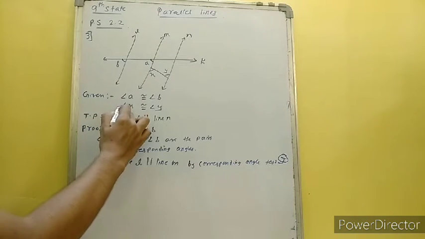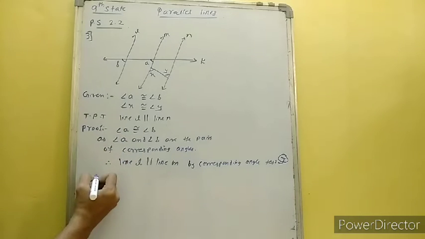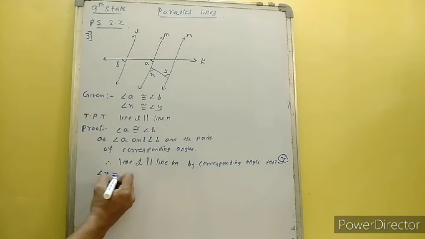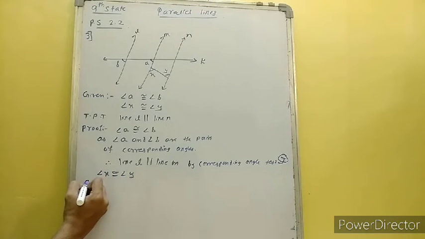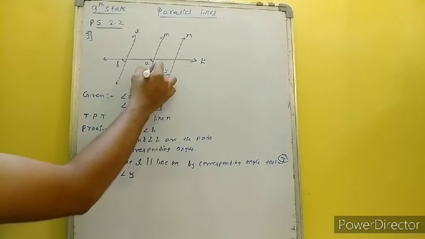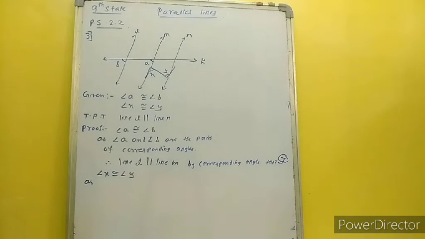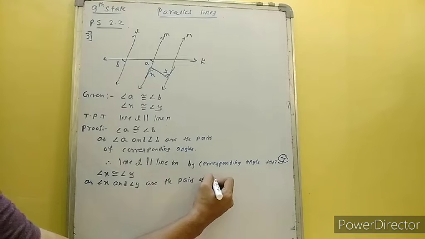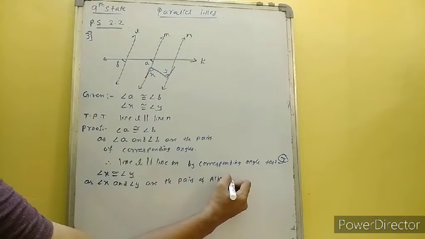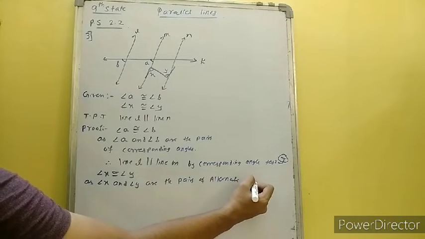Now it is also given that angle x is equal to angle y. So I can write angle x is congruent to angle y. Okay, as you can see that x and y are the pairs which are forming Z. So I can say that angle x and angle y are the pairs of alternate angles.